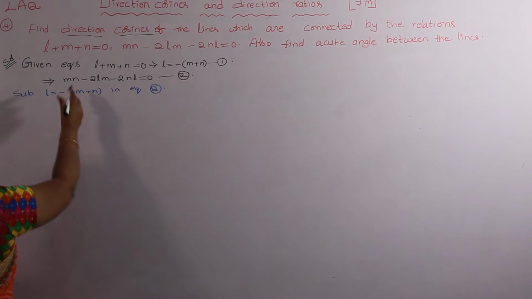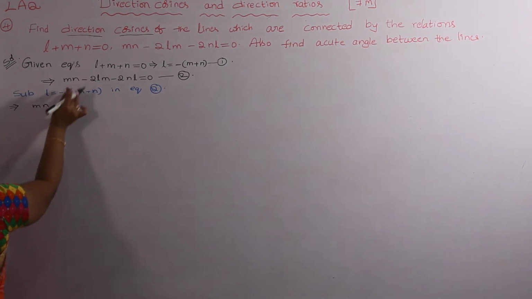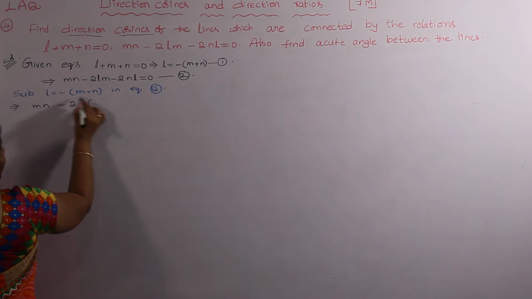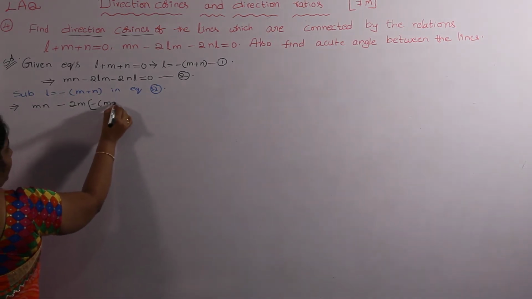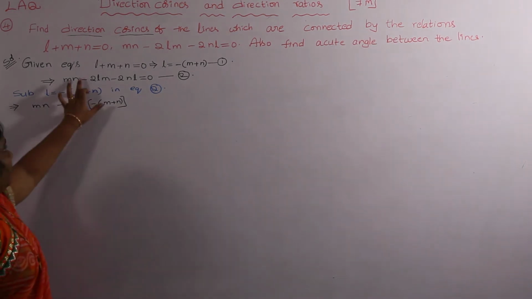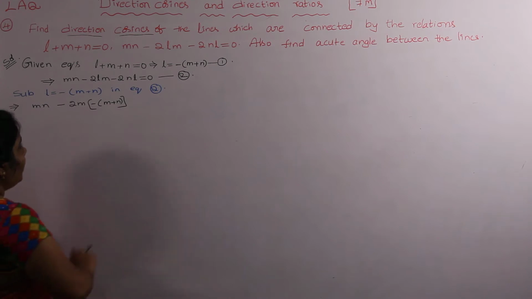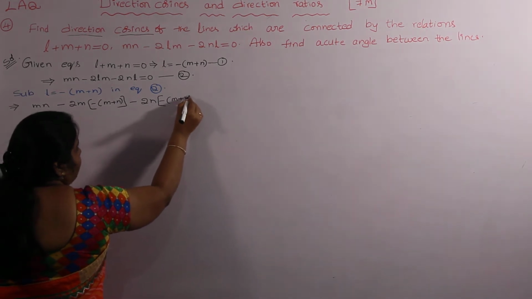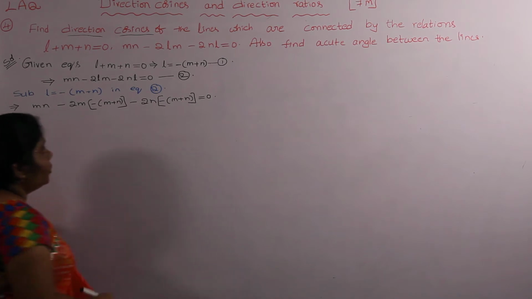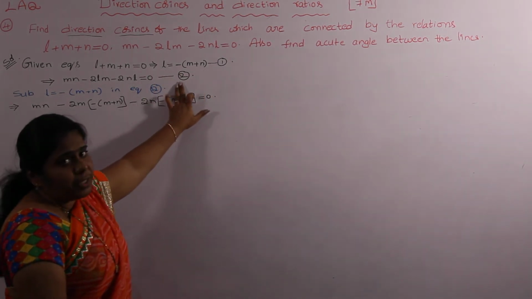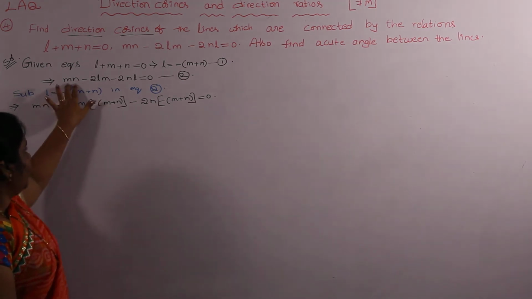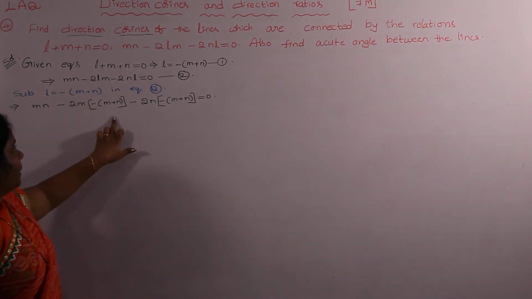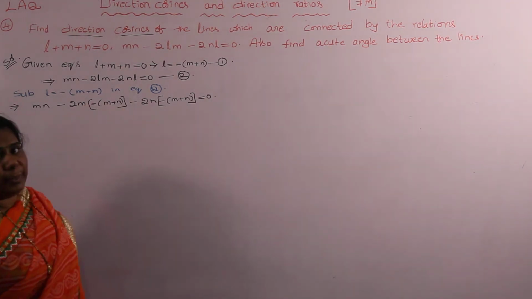That implies mn, take it as it is, there is no l here, minus 2m into l, which is -(m + n), minus 2n into l, which is -(m + n), is equal to 0.